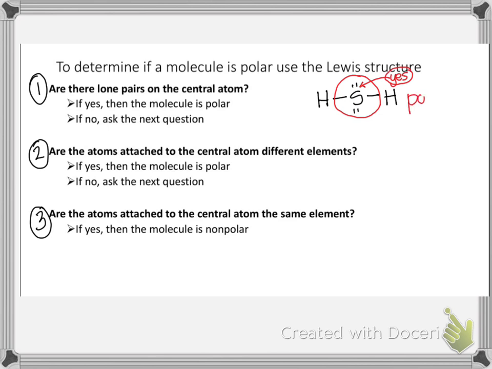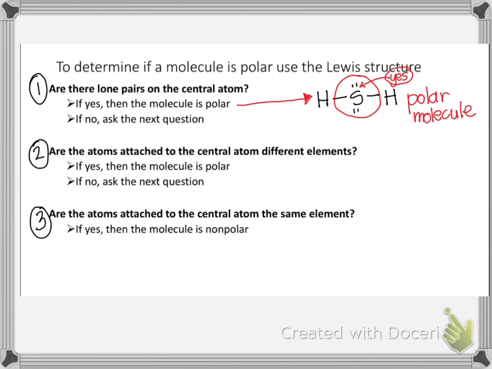So this is a polar molecule. So polar just means that the electron cloud is unequal. And if you have lone pairs on the central atom, I always think of it like an ice cream scoop of electrons. So right then it is unequal because you just took a big scoop of electrons and they're on the central atom. So this would be a question of yes. That's an example of answering yes to the first one.